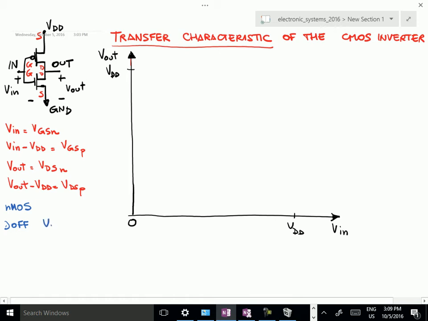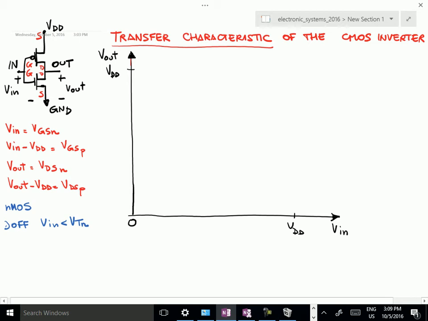So when V in is smaller than the threshold voltage VTN, the NMOS is in the off state.